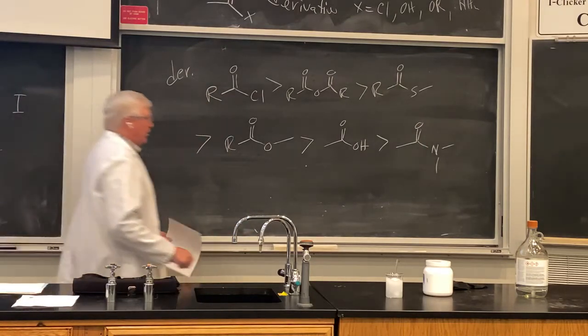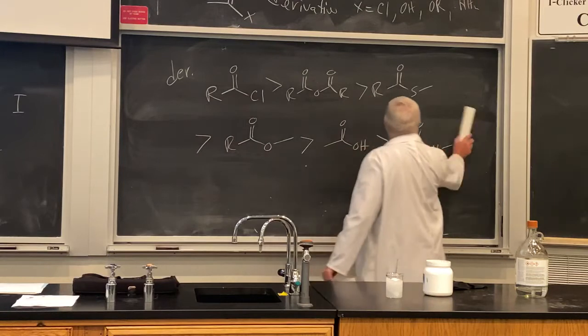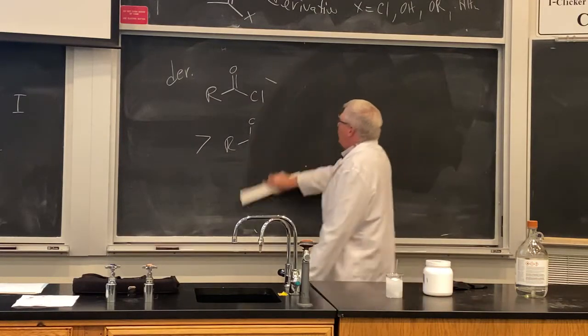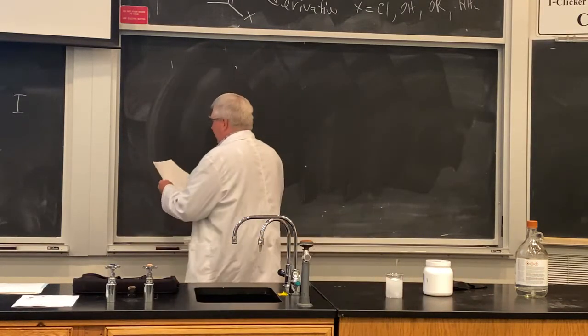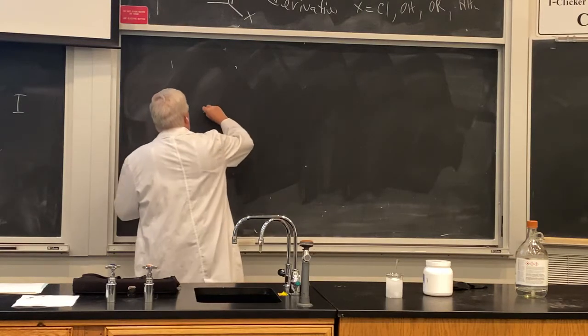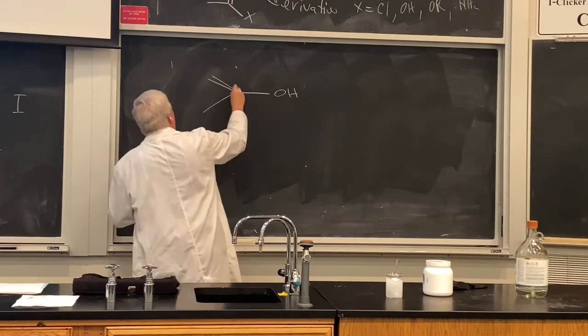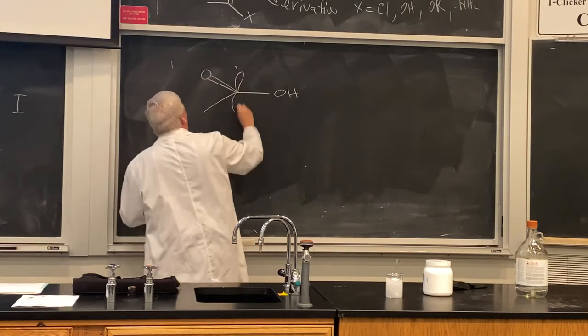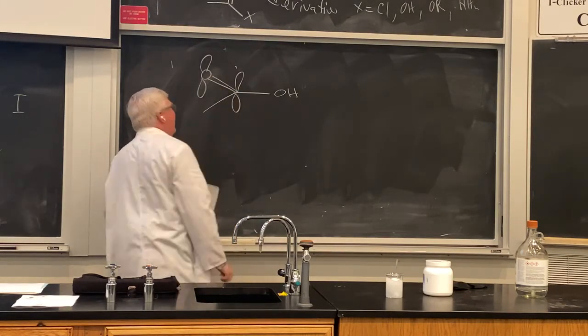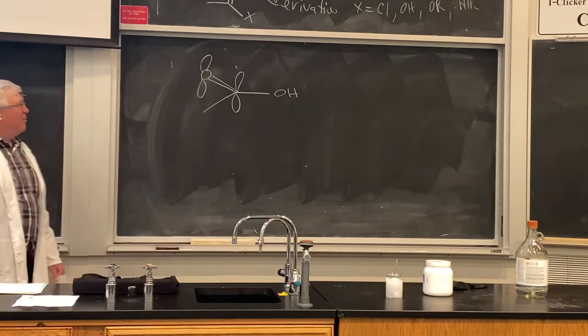Let's look at the structure and the bonding in carboxylic acids. You already see what the structure is, right? So we've got an OH group, we've got a carbonyl, and I like to draw it with a little 3D comparison here.